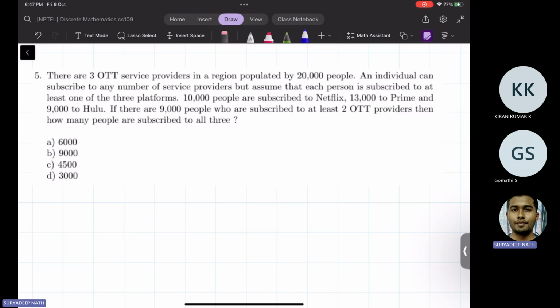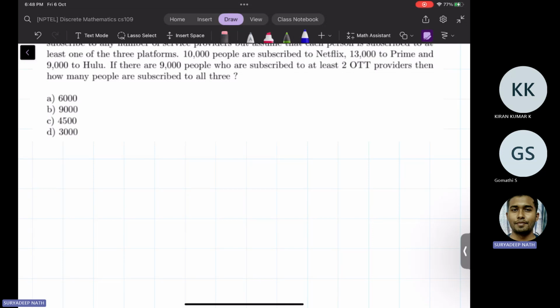So there is no person who is not subscribed to any of the providers. 10,000 people are subscribed to Netflix, 13,000 to Prime, and 9,000 to Hulu. If there are 9,000 people who are subscribed to at least two OTT providers, then how many people are subscribed to all three? This is a little tricky question.